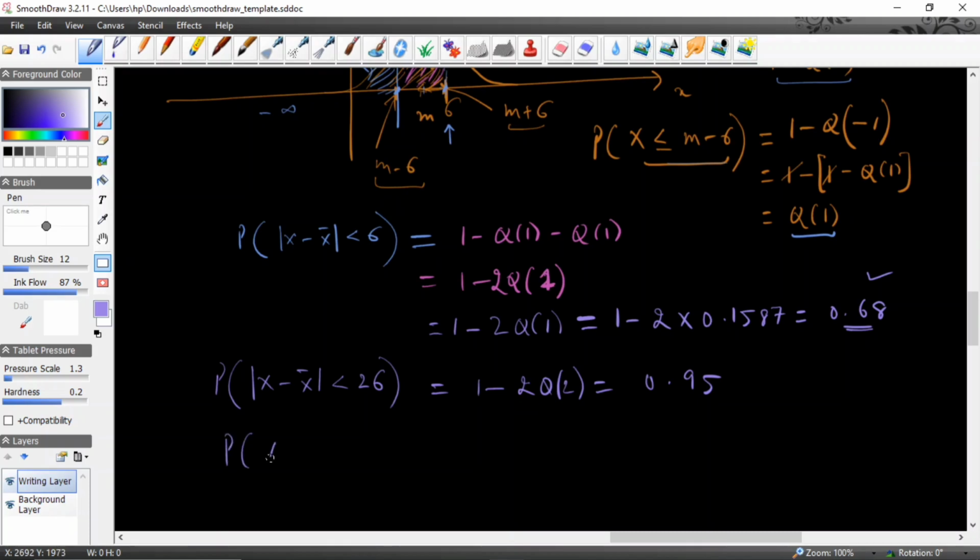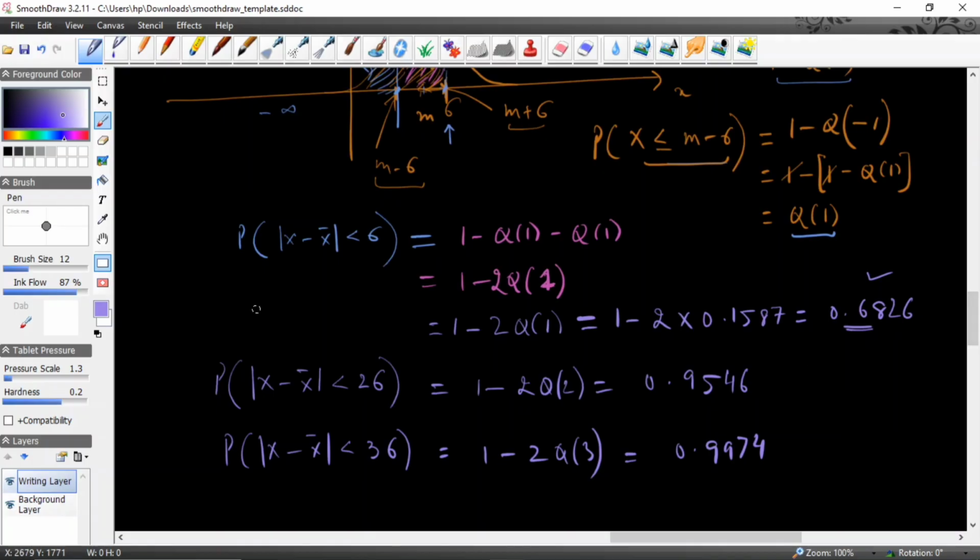Likewise, the probability of x minus x bar less than 3 sigma is 1 minus 2 times Q of 3, which is 0.9974. Okay, this accurately is 0.9546 and 0.9973.